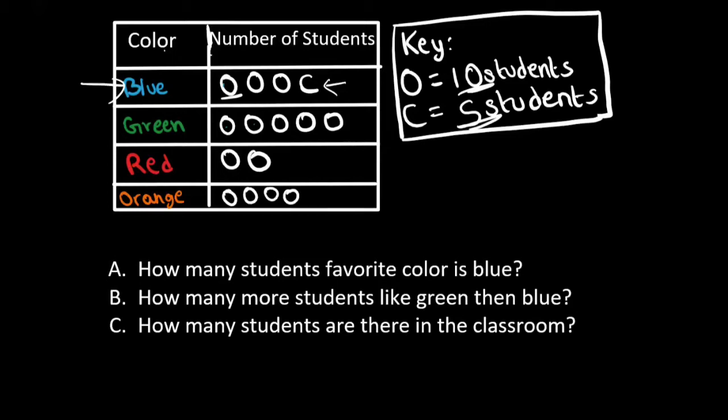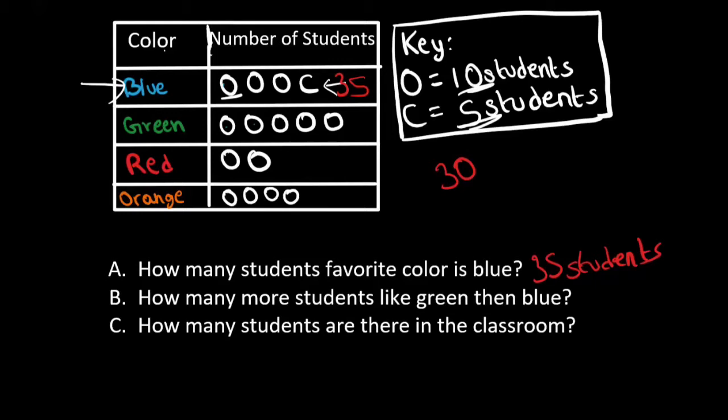There are 3 complete circles, so we do 3 times 10, which is 30. But that's not our final answer. There's also a semicircle, and we shouldn't forget about it. One semicircle means 5 students, so that's 30 plus 5. That means there are 35 students who like the color blue. Let's move on to the next one.